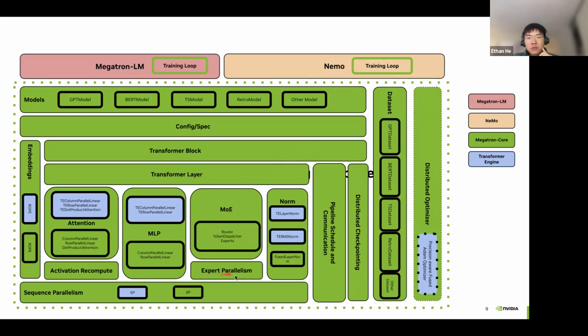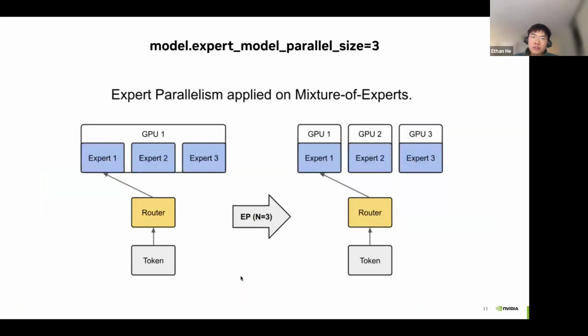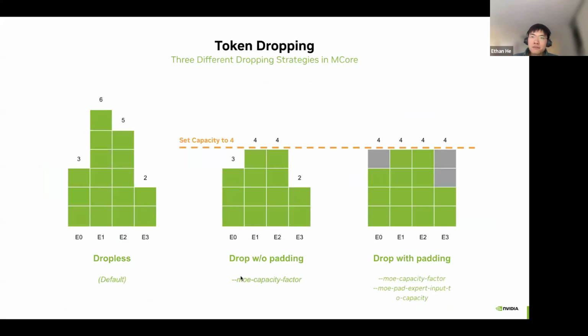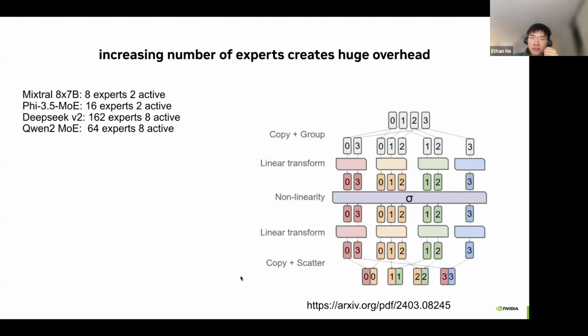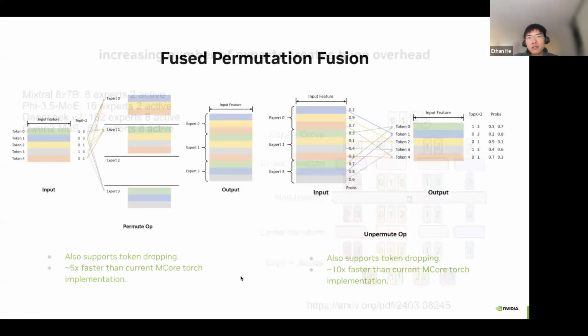For example, if you want to use expert parallelism, you will need to also use Megatron's parallelism strategy to initialize first. But if you're using, for example, the grouped GEMM, I think you can just get away with any kind of network. You can combine it with Hugging Face Transformers without any problem. It's just a PyTorch layer with a fused operator. You can just import it as a library. It's very standalone.